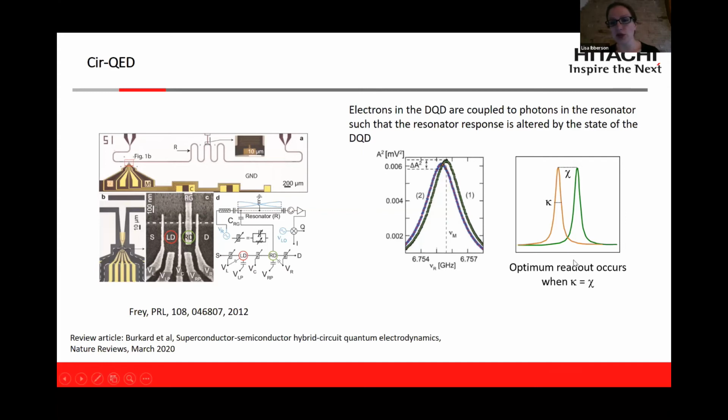You can see I've drawn a resonator with a narrower line width, and I've drawn two states separated by this parameter chi. Optimum readout of the states occurs when kappa is approximately equal to chi. The parameter kappa is determined by the resonator properties, and chi is determined by the electron-photon coupling strength, g.